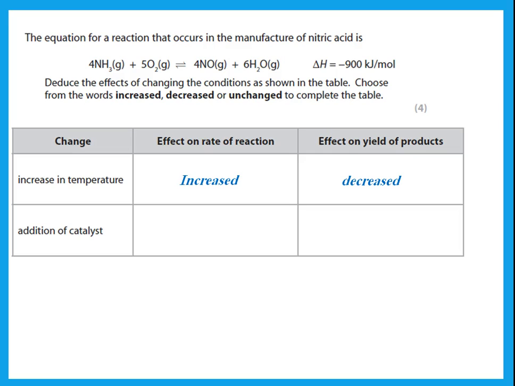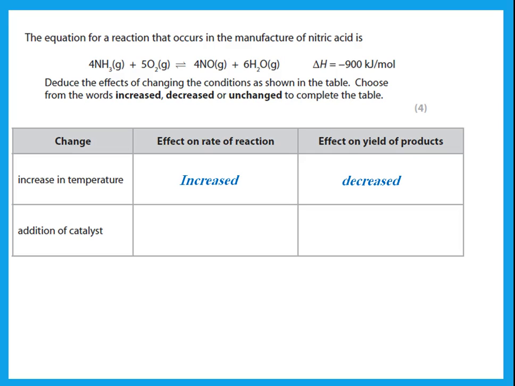And we said in that case, if I increase the temperature in a reversible reaction, the reaction goes to the side that is endo. Now, if the forward is exo, the backward is endo. Increasing the temperature will cause the reaction to go backwards, and that means I will have less yield of product. Do we understand that?